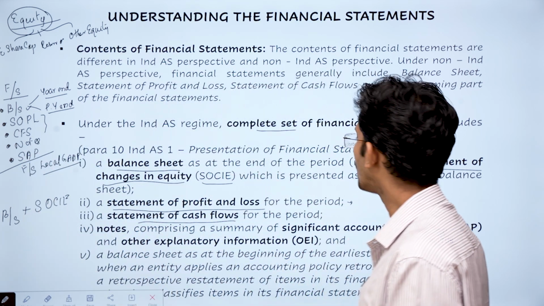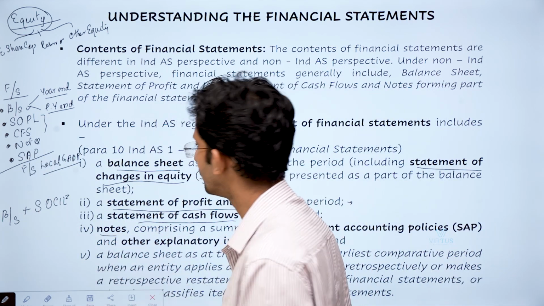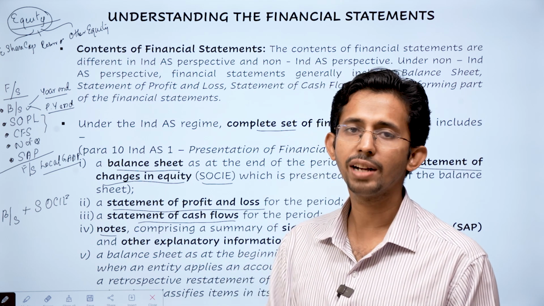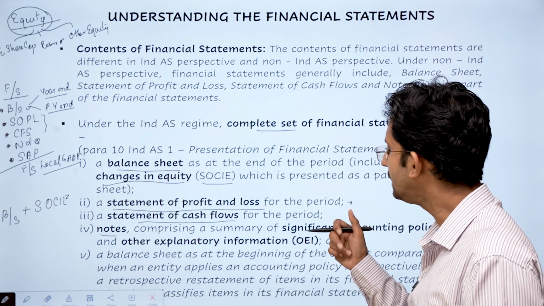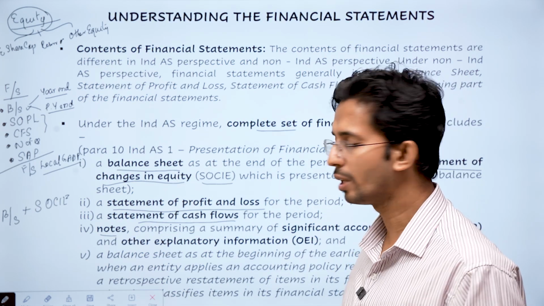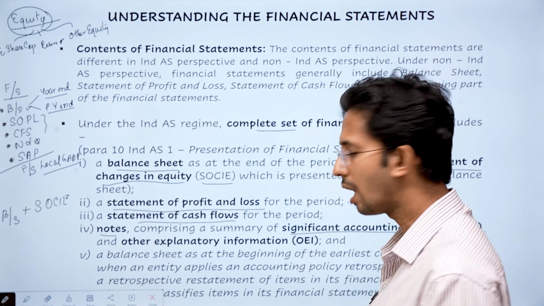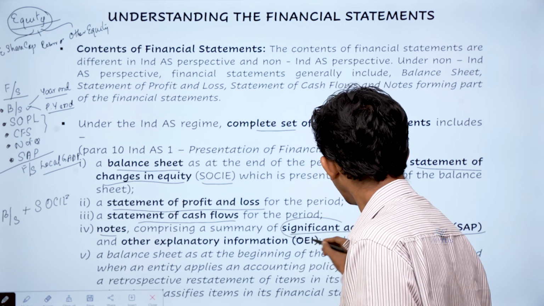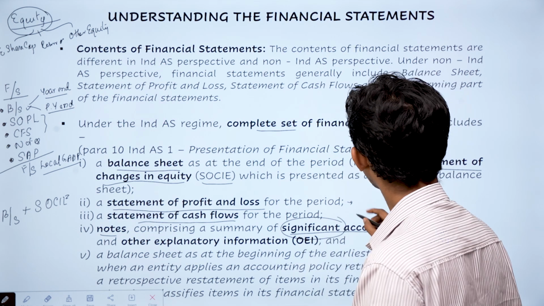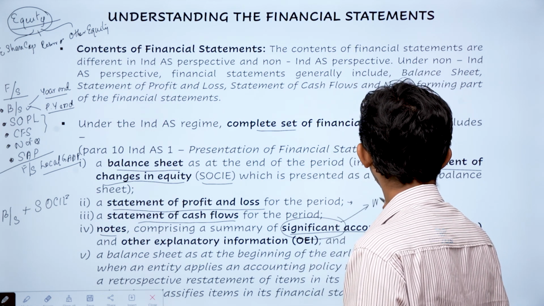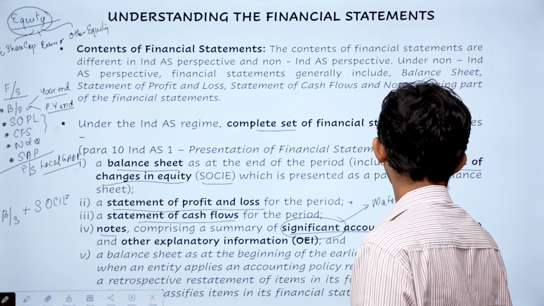Now coming to the other one, you have to give the notes. Notes forming part of financial statements, and in the notes you have to give significant accounting policies, SAP. Now this word significant has been changed to material accounting policies.